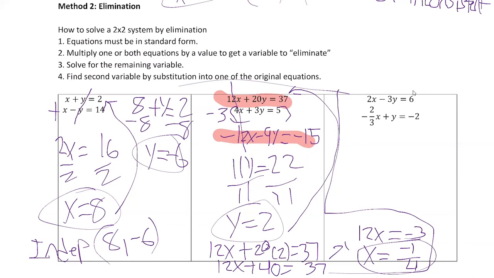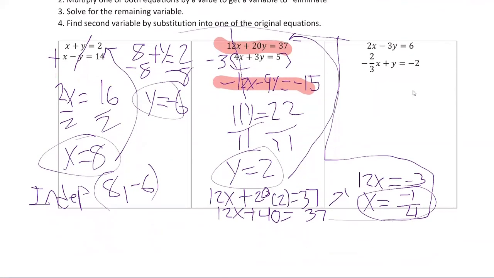And I might have to erase a little bit to make sure I can squeeze this in. But one thing, if you're doing elimination and you see a fraction in one of your problems, one piece of advice is always try and multiply your fraction out of your equation, because you really don't want to deal with fractions if you can avoid it.